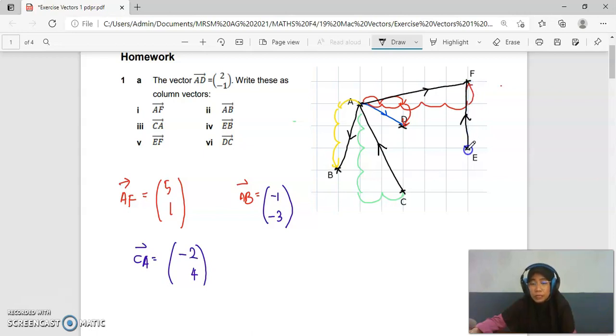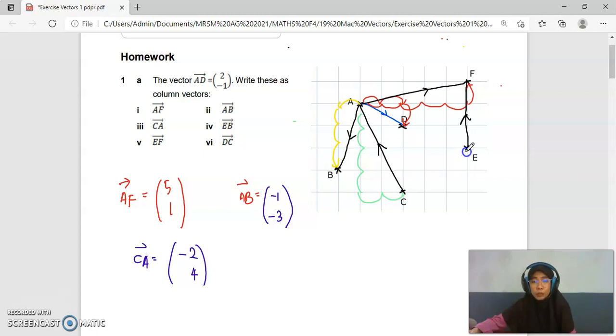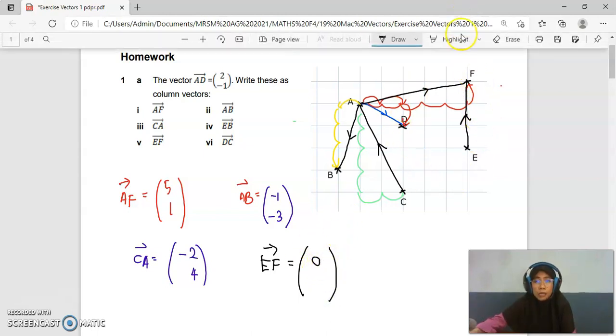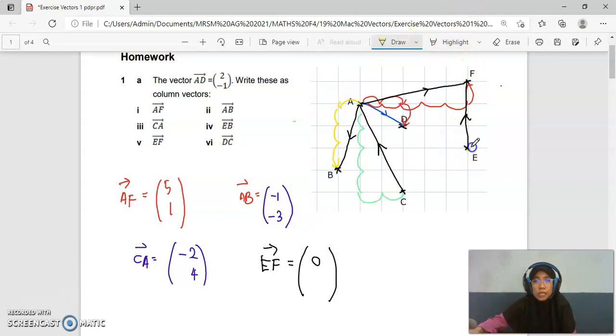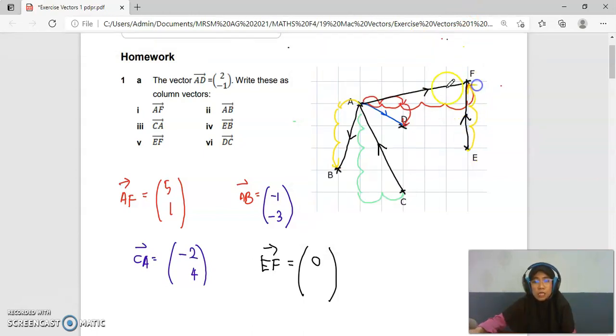As I said before, every vector must start in X direction and then continue in the Y direction. However, for this part, there is no movement in X direction. So the X part will be 0. So how about Y direction? It moved 3 upwards, 1, 2, 3. So for this part, it will be positive 3.